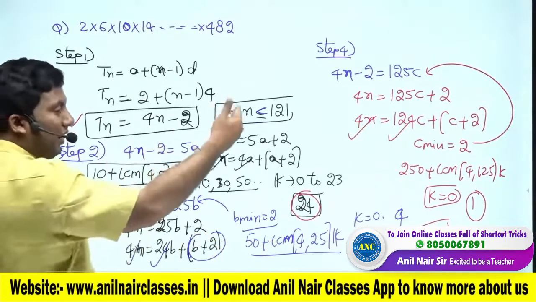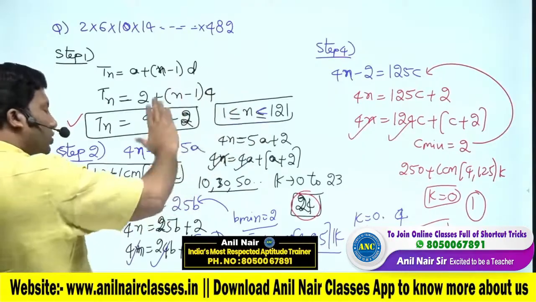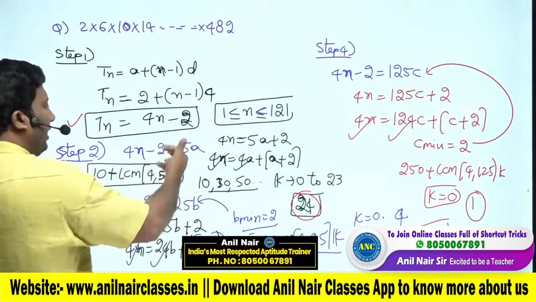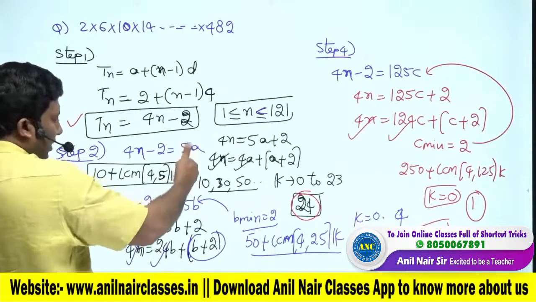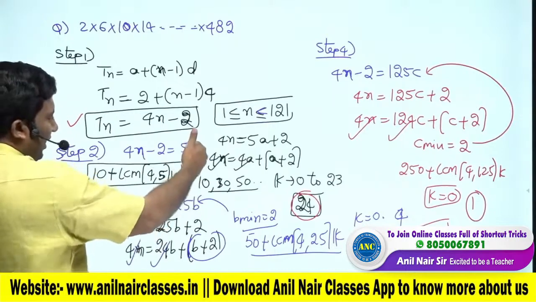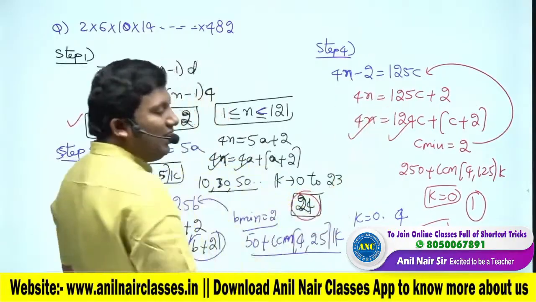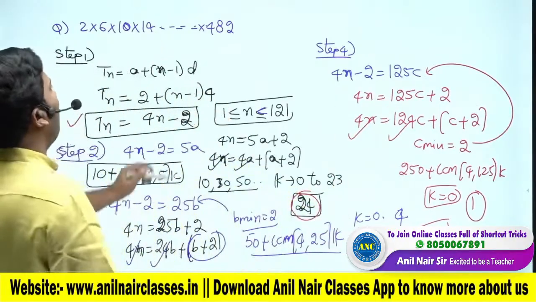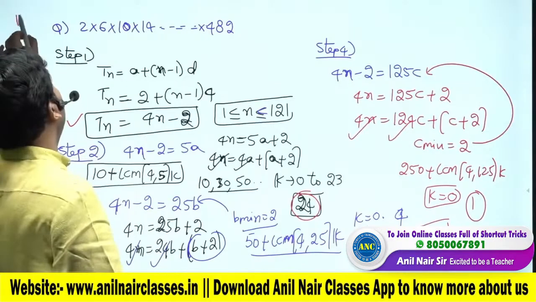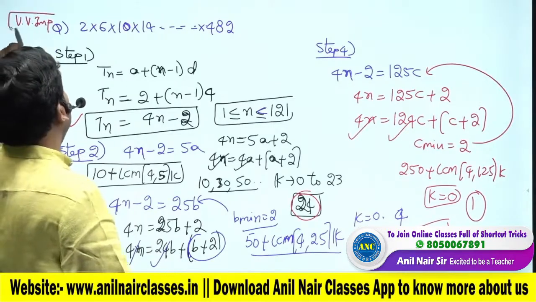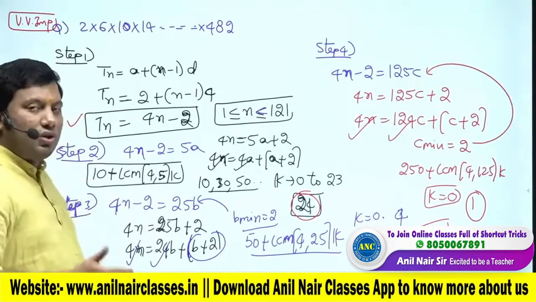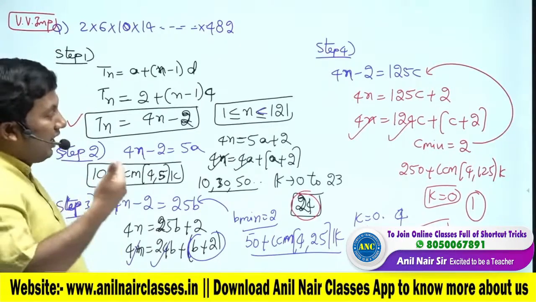The highest power of 5 also contains the lower ones, so take the multiple powers of 5: 5a, 5 square b, 5 cube c, 5 power 4 is 625, but the upper limit is still 482. Very, very important question. Kindly, after the class is over, all the enrolled students revisit this question again.